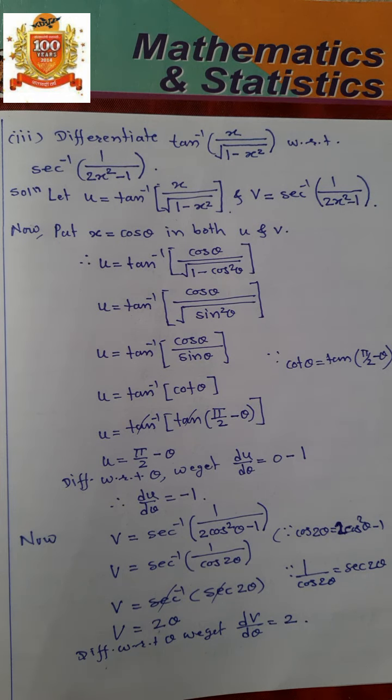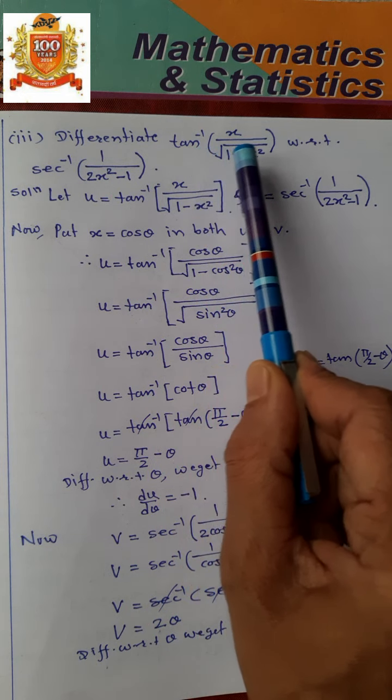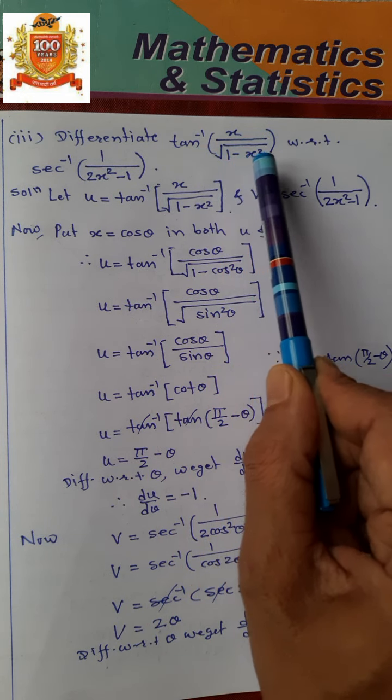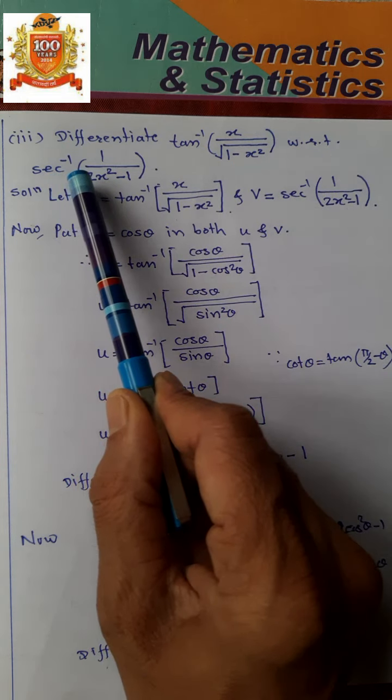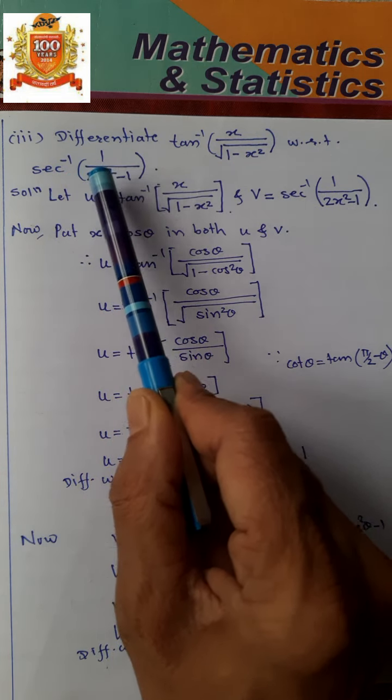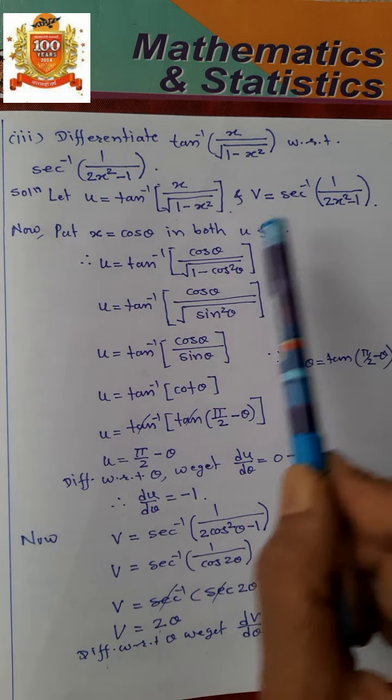Let us see problem number 3. Differentiate tan inverse of x upon root of 1 minus x square with respect to sec inverse of 1 upon 2x square minus 1. Let us solve this sum.